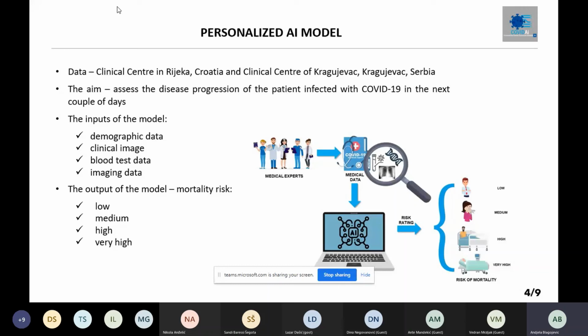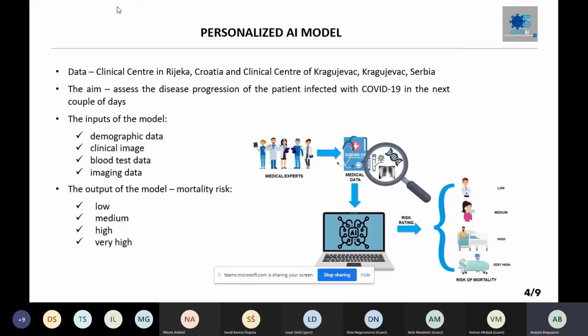are divided into 4 groups. The first group is demographic data, for example, age of COVID-19 patients. The second group is clinical image. This refers to symptoms such as fever, muscle pain, headache, and something like that. The third group, blood test data or biomarkers data, is a very important group.